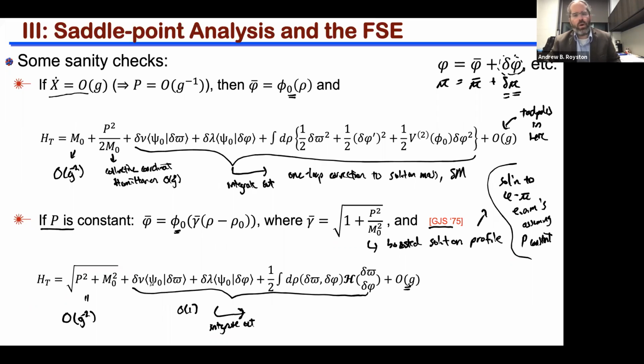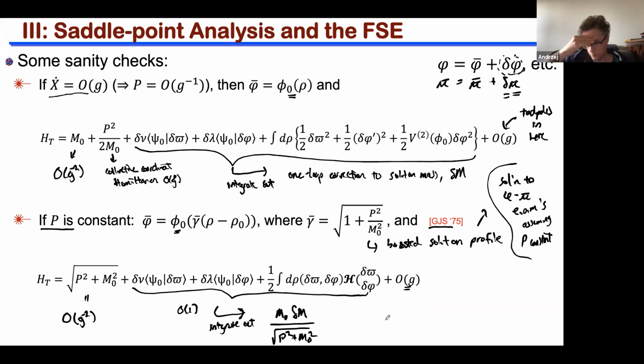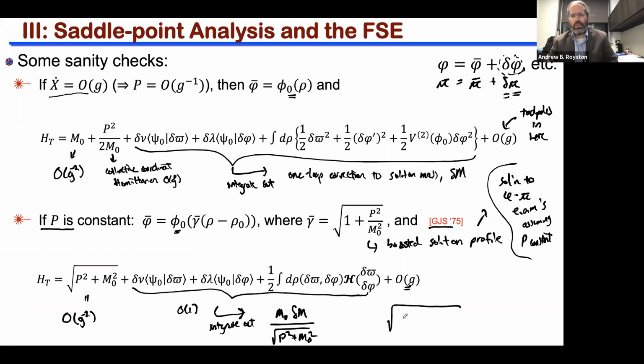You do get the one loop correction to the relativistic energy, specifically m naught delta m over square root of p squared plus m naught squared, which is consistent with thinking of the relativistic energy but using the corrected soliton mass and expanding that to first order in the correction. But this is still assuming P is constant.